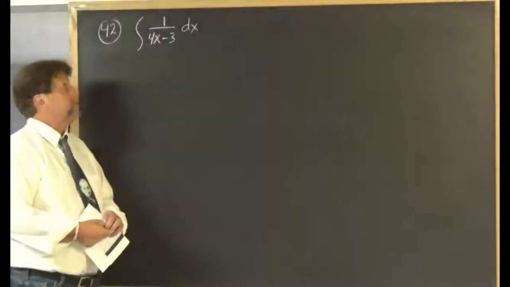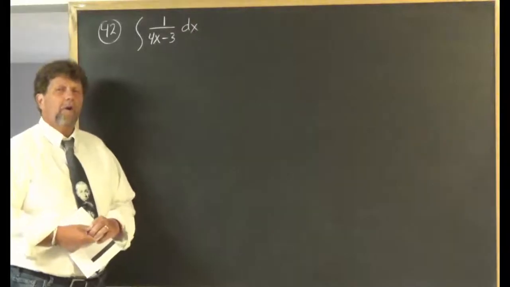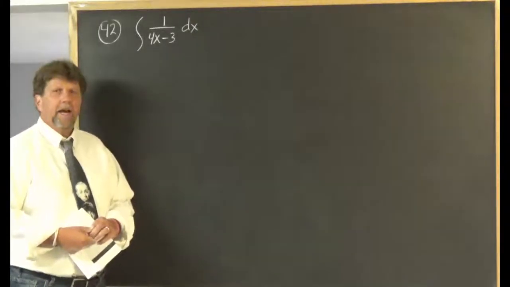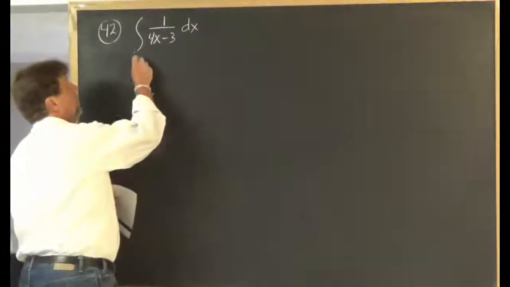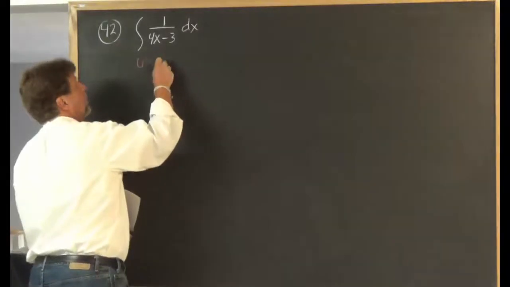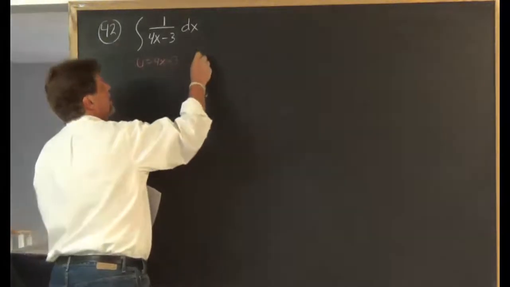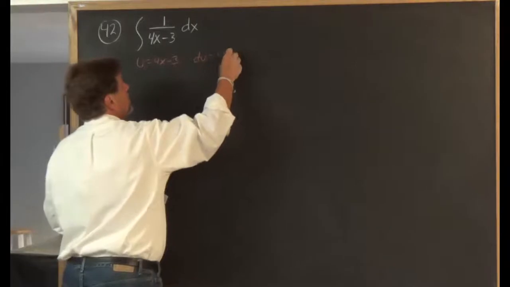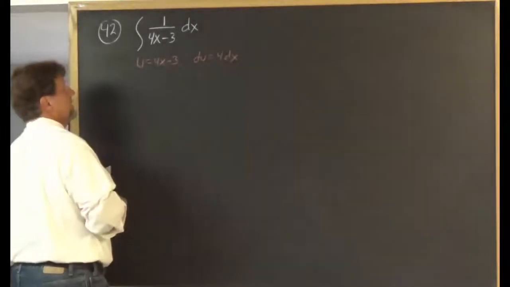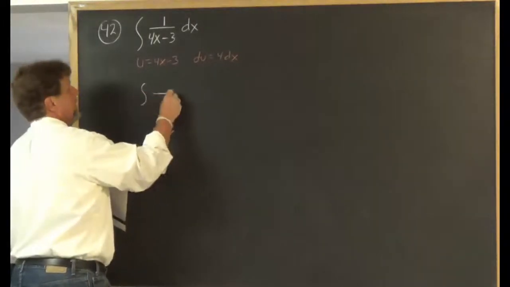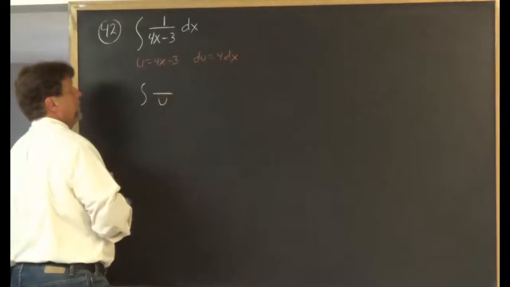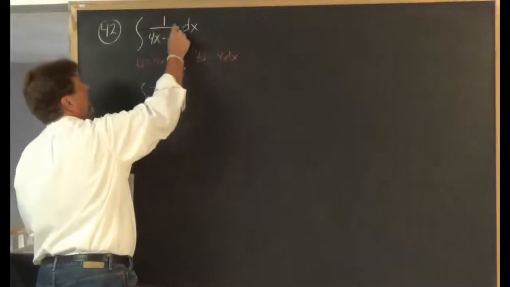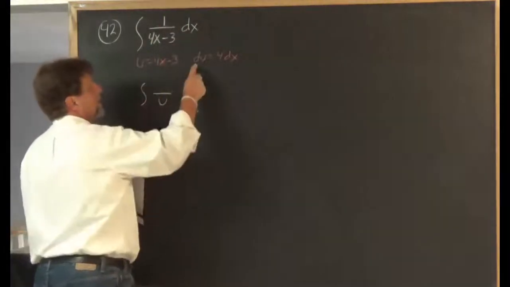Alright folks, number 42, you're asked to integrate 1 over 4x minus 3 dx. Hopefully you let u equal 4x minus 3, then du is 4 dx. You substitute in the u statement, and you say, well, all I have left is a 1 dx.